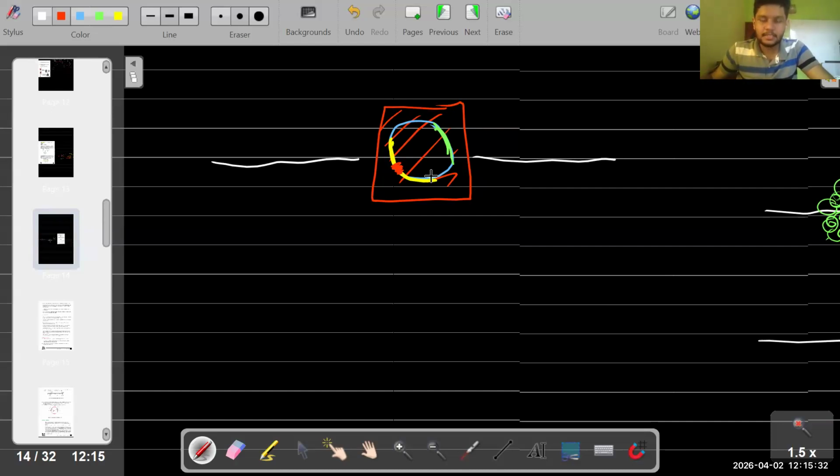The blue color part is the tumor-inducing plasmid. The green color part is the segment of DNA which will be genetically transformed into the tumor cells. The yellow part is the transfer DNA. Red color part is the virulent genes. Clear, right? I'll include another two main important parts. This and this are the right and left border sequences. Clear, right? No doubts.